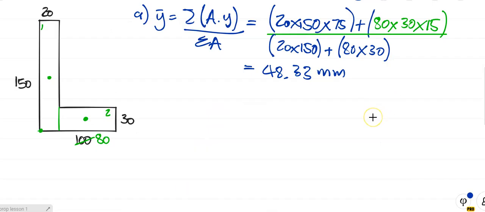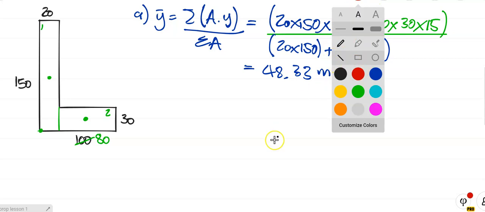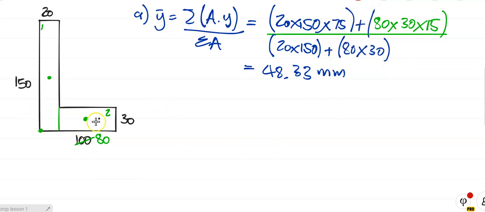So, are you tuning in? This is where we get into the tricky stuff. What does that mean? That there is the distance from the bottom there up to the x axis, and I'm going to draw it in on the sketch, and it's 48, so it's somewhere sitting over like so.